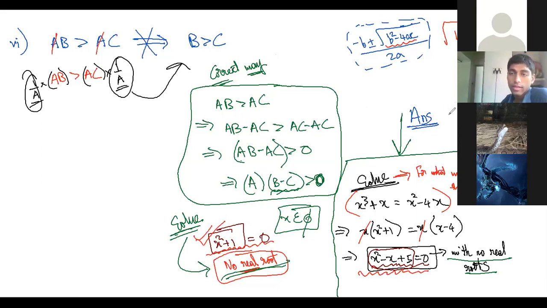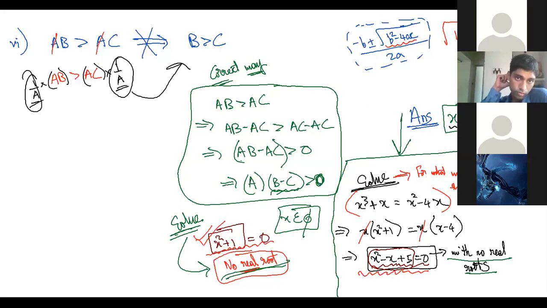So there is no value which can satisfy the equation. Okay. Answer is x equal to 0. How? Substitute x equal to 0. Is it turning out to be true? Is it true for x equal to 0? Yes, sir.